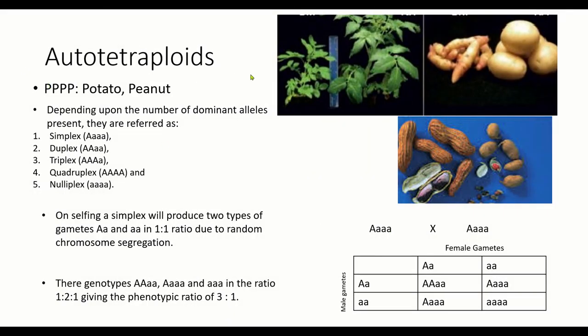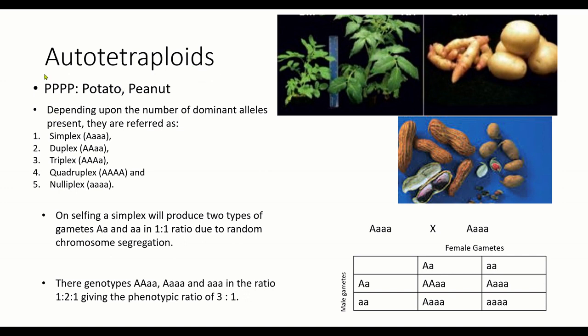Next is autotetraploid. Some examples are potato and peanut, although there are other crop plants which also possess this. Let's say the genome is represented as PPPP, and I'm going to represent the genes involved as capital A and small a. So the genomes are represented as PPPP as autotetraploid.